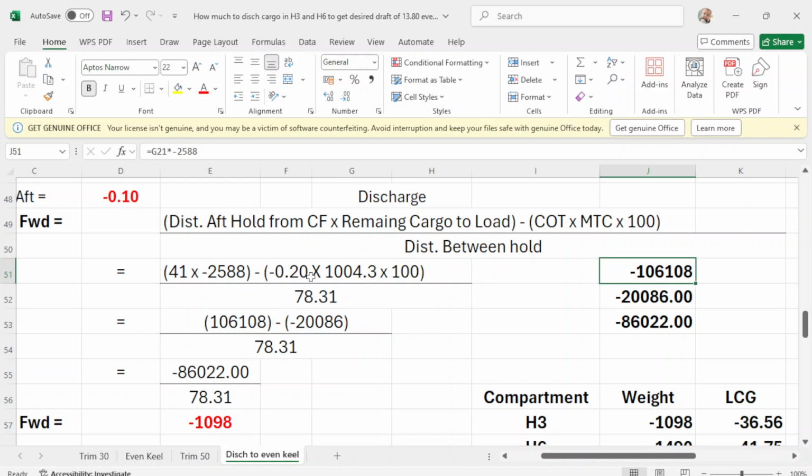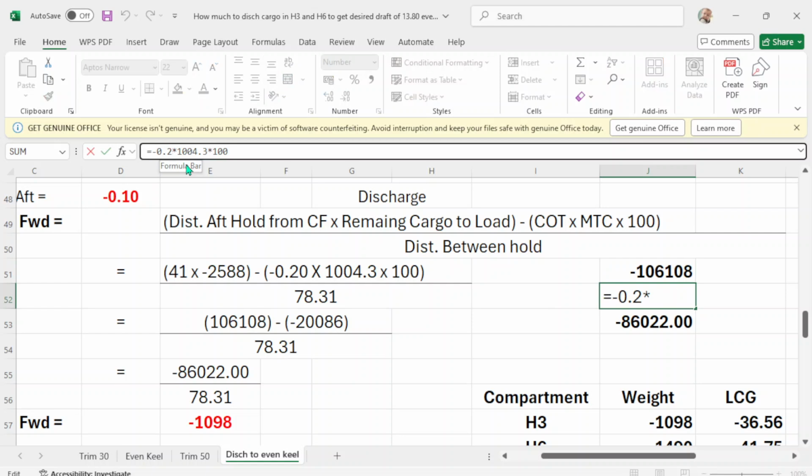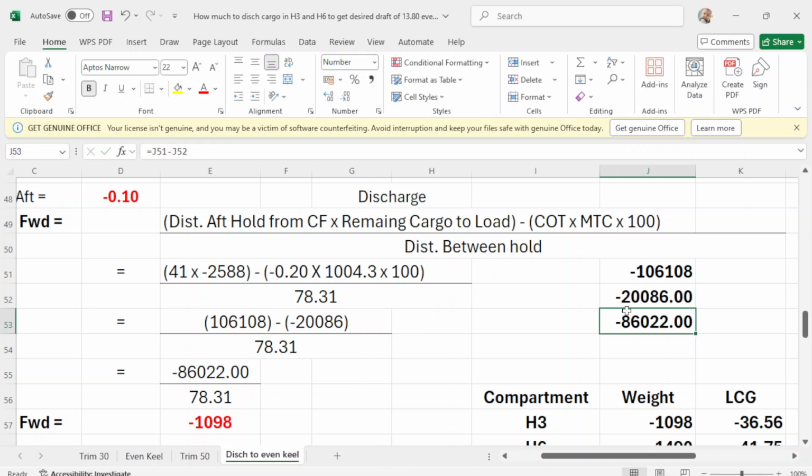Now we go apply this operation. So negative 0.20 times your MTC of 100.4 times 100, and your resultant is negative 20086, which is this one, over your distance between holds, 78.31.